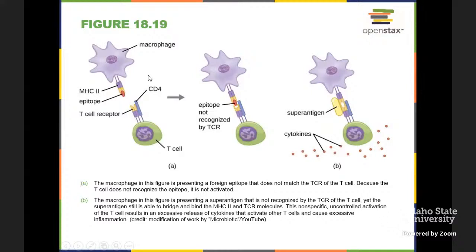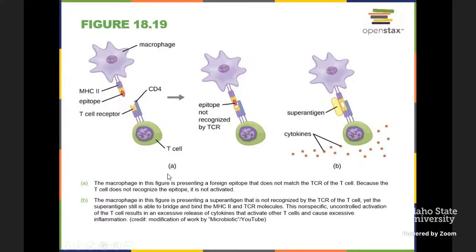So in this instance, back to the macrophage with the MHC2. So there are numerous things that can potentially happen in these circumstances that maybe don't happen exactly like we'd like it to happen within our body. All right. There are some things that can potentially go wrong.